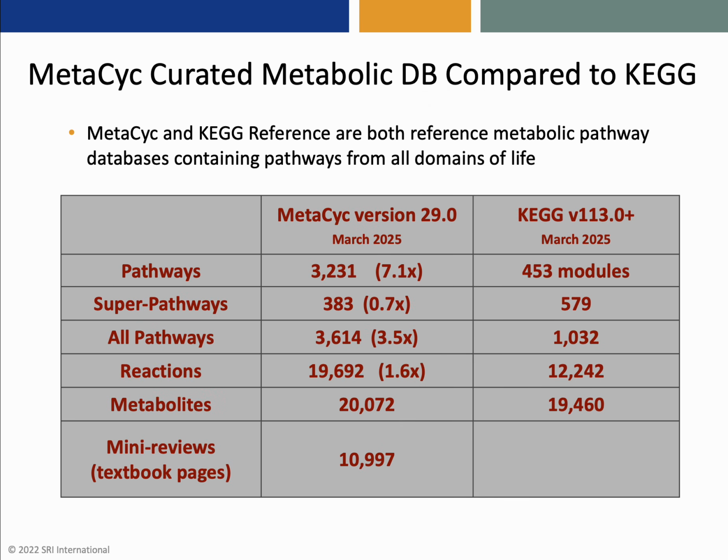Now here we'll compare the two reference databases, MetaCyc versus KEGG reference, along a number of dimensions. Essentially, how many objects of different types do they provide?